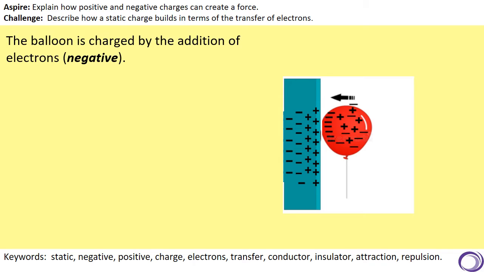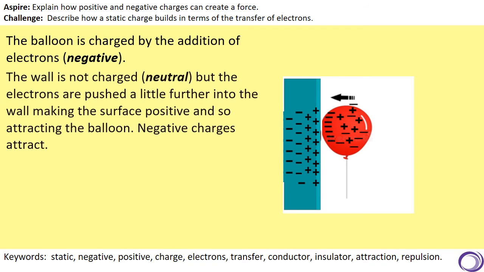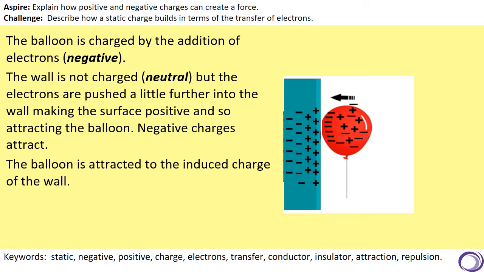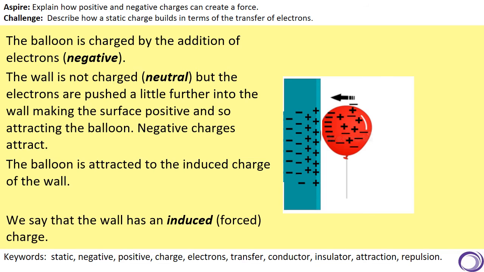So we get a temporary induced charge, and that gives us that force of attraction between the minuses and the pluses. The wall's not charged, but the electrons are pushed a little further into the surface. The balloon is attracted to the induced charge of the wall. It's forced. It's only there when the balloon's there.